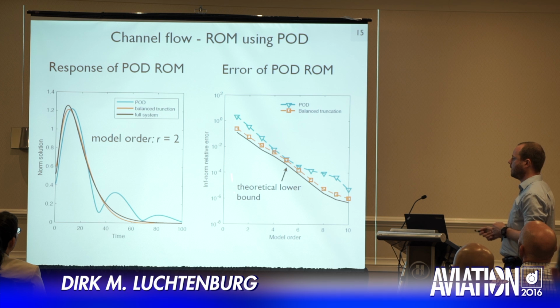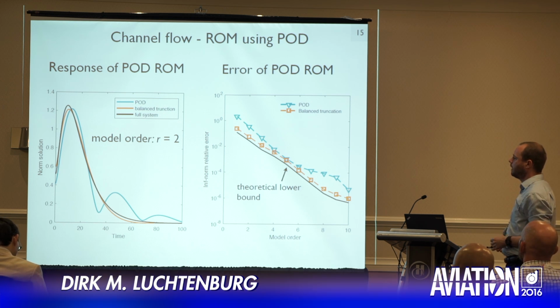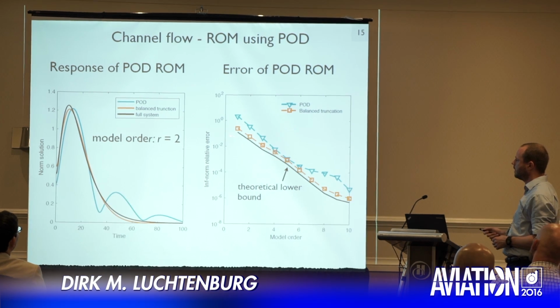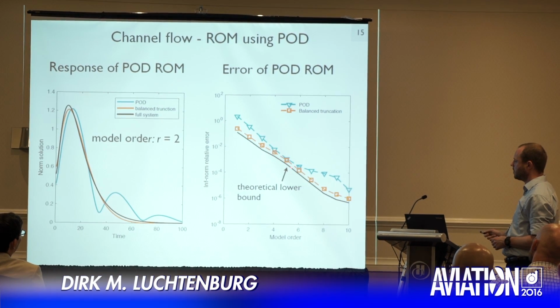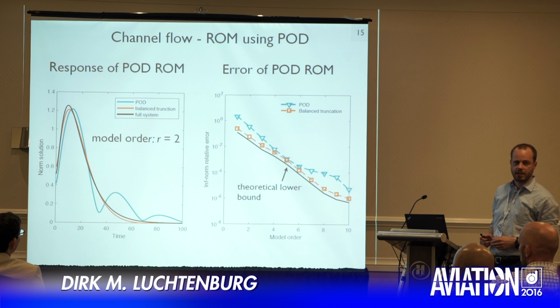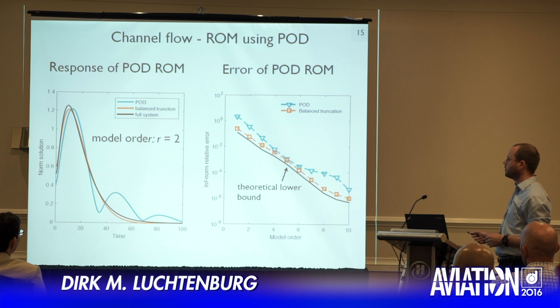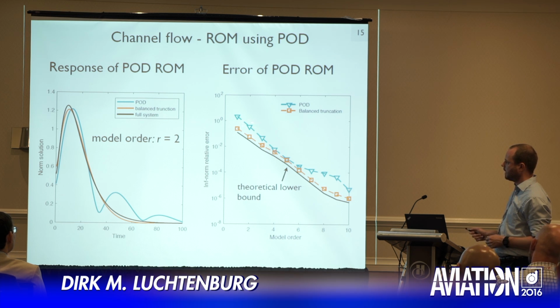Now let's look at the infinity norm of the relative error. Theoretically you can show that this black line here is the minimum that you can possibly achieve, and the blue line here depicts what you get for increasing model order with a POD-based model. Our simulation is for this case here, where the model order equals 2.